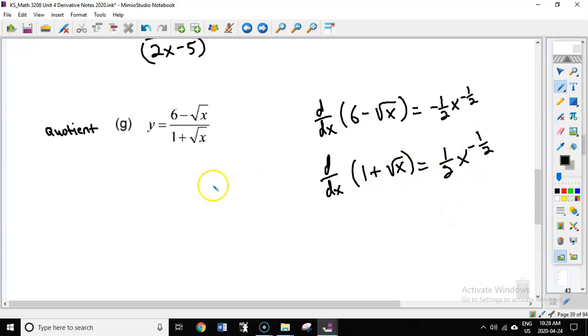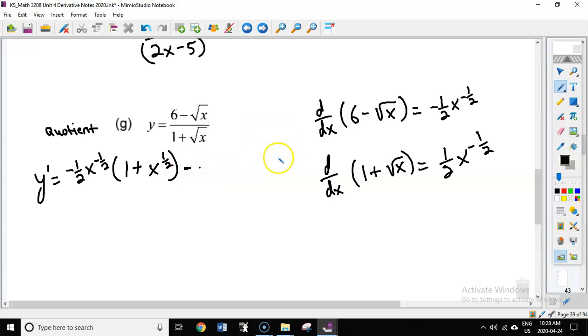So let's see what that looks like when we multiply it out. The derivative of the numerator, negative half x to the negative half, times the denominator, 1 plus x to the half. I'm going to change it to all powers. It'll be easier to multiply. X to the negative half times x to the half, and you'll see why in a second.